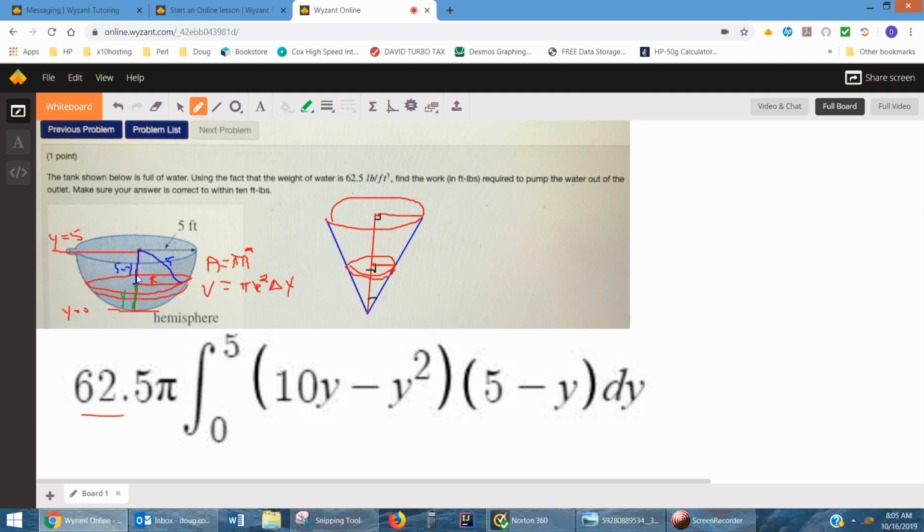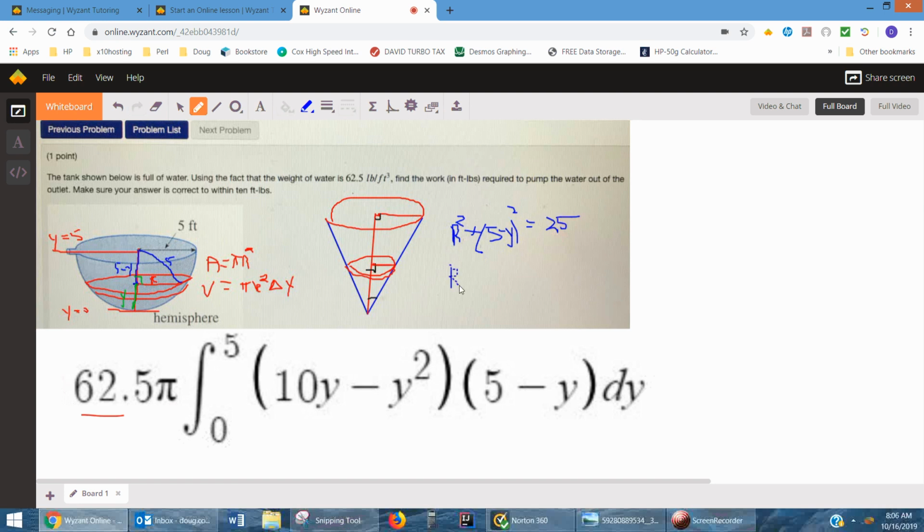So now we do have a little right triangle right here where r squared plus 5 minus y, the quantity squared, equals 5 squared. So let me write that down over here. R squared plus 5 minus y, the quantity squared, equals 25.